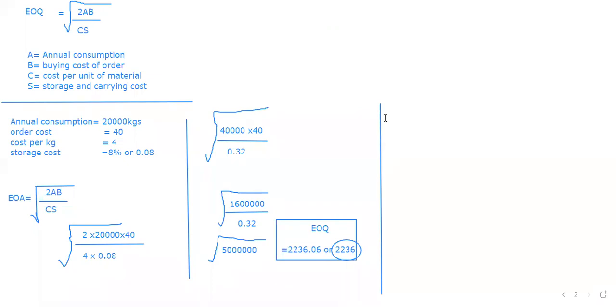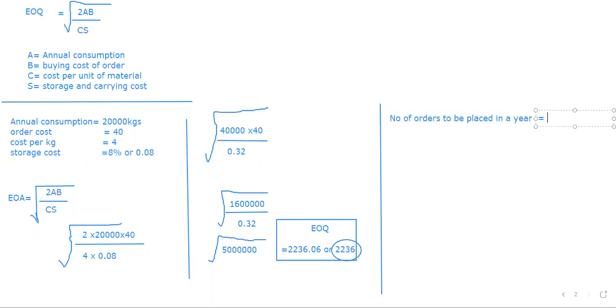So for that, we have one more formula: number of orders to be placed in a year. For a year, you said this much quantity you require, but how many times should I purchase is the question.